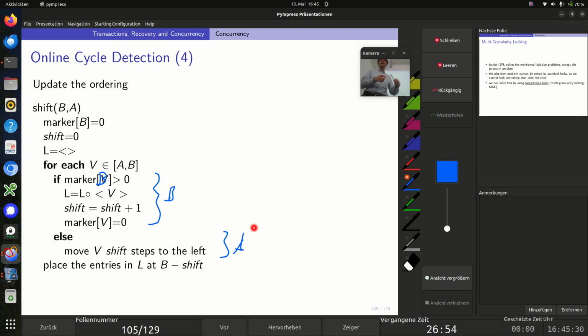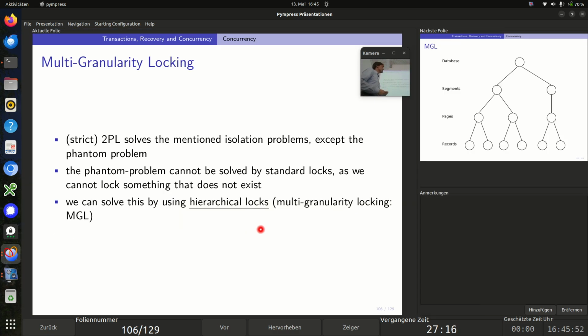Okay, because I failed last time. So the idea is, at which granularity could you lock? You could lock the whole database, you could lock the whole pages you're swapping out to disk, you can lock a single item. And the idea is to have all the stages, and this is called multi-granularity locking.